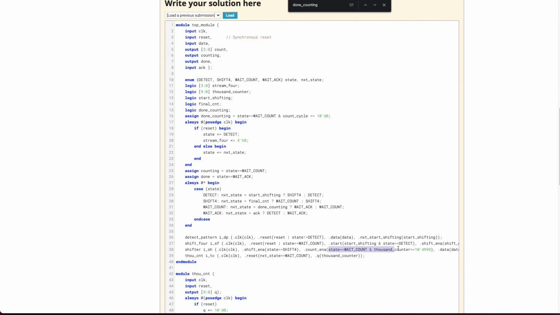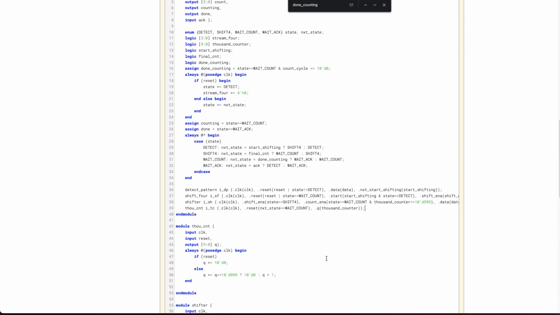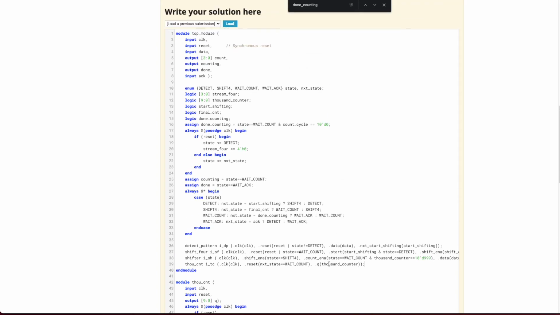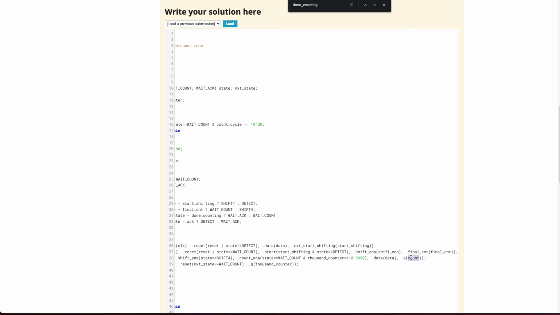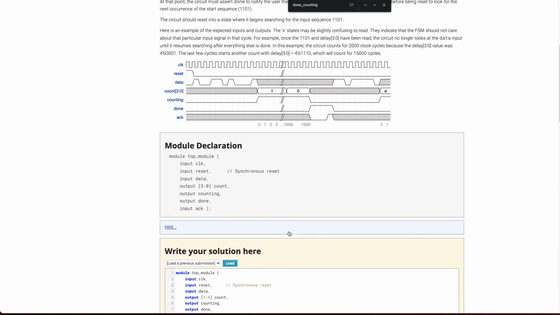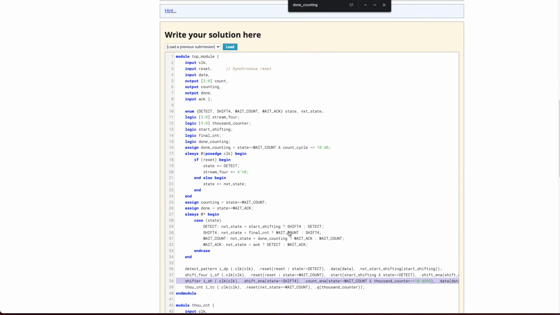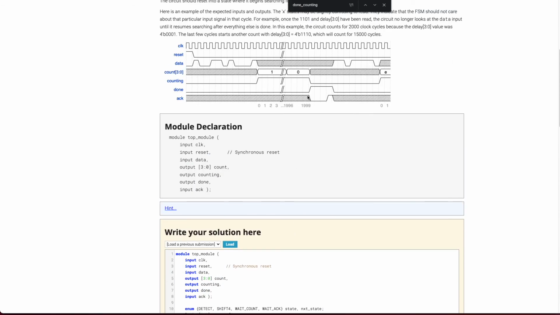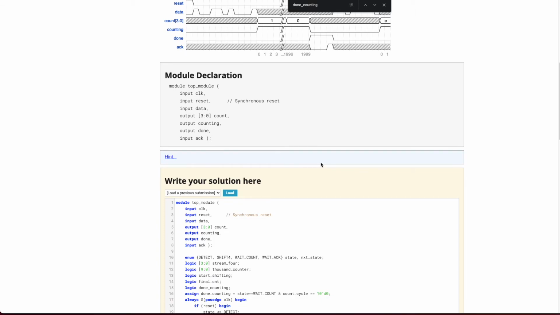This would mean that it's the 1,000th cycle, and I'll just keep decrementing it. And then ergo, if this is 99 and I'm in state wait count and my count is 0, then I can transition into the done situation.